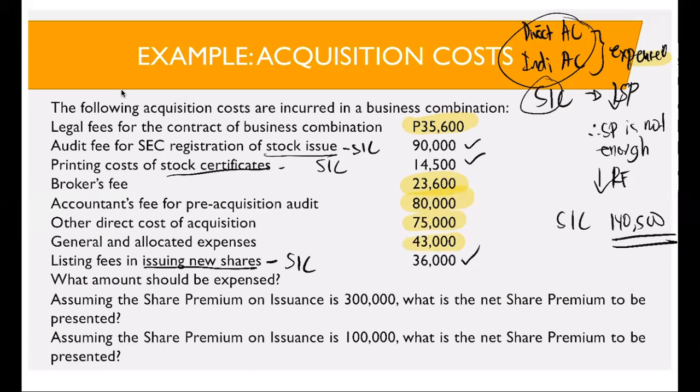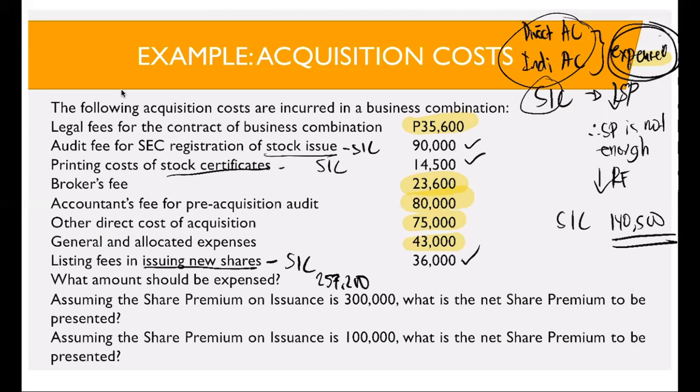So all other items that are not connected to your stock issuance are considered your direct or indirect acquisition cost. So how much is the total direct or indirect acquisition cost? 35,600 plus 23,600 plus 80,000 plus 75,000 plus 43,000 will give us 257,200. So the 257,200 being direct or indirect is expense.